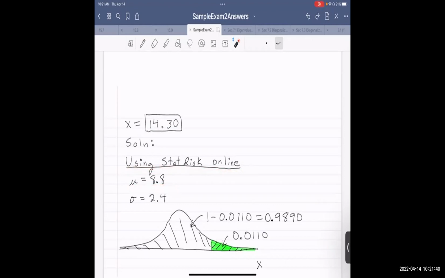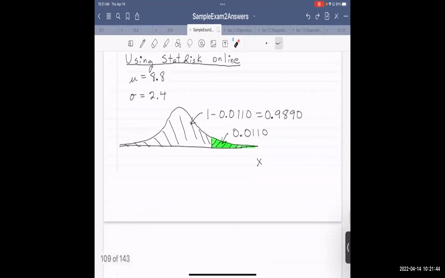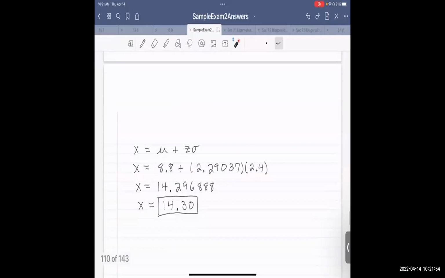So again, mu is 8.8, sigma is 2.4. I want to find the critical value where the area of the right tail is 0.0110. And so I will have to write down on a piece of paper mu, which is 8.8, sigma, which is 2.4.